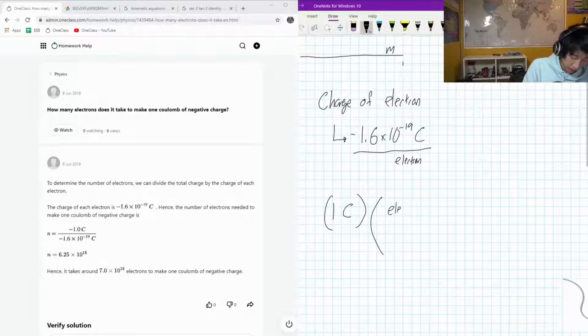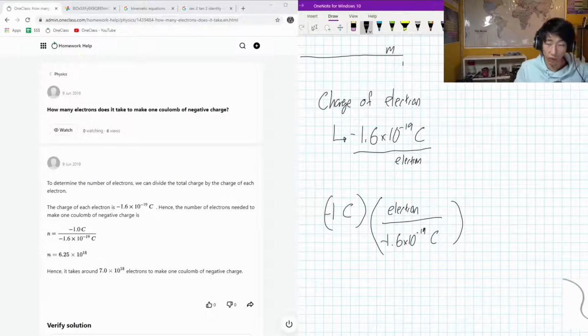So this will be 1 electron over 1.6 times 10 to the negative 19 coulombs. I guess they can both be negative because it would be negative 1 coulomb of charge. So it's pretty much just, you have to find the reciprocal of this. Let's do that fast.